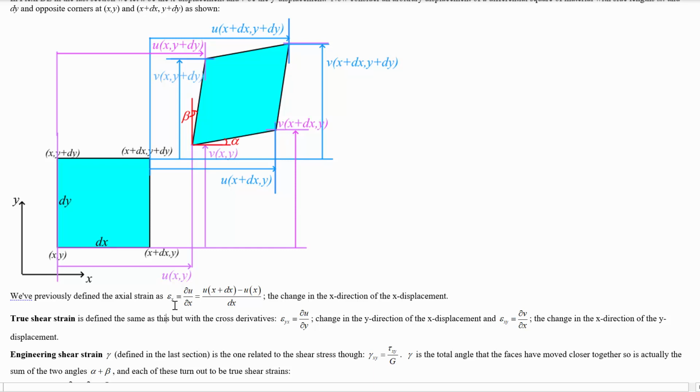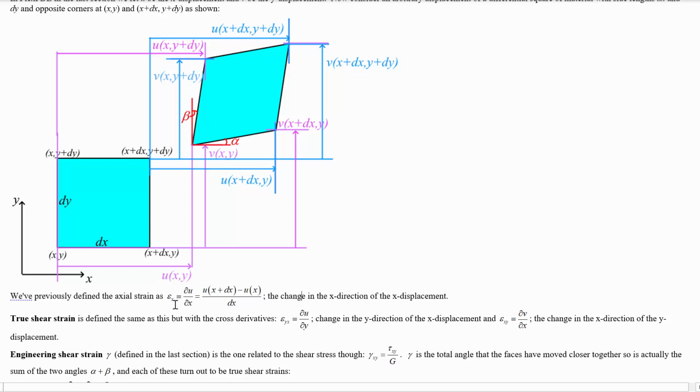So that axial x strain turns out to be the rate of change of the x displacement, u, per step in x, yeah? So if the object moves and changes size, you're accounting for that movement by subtracting off what the displacement would have been at some point a little bit before.